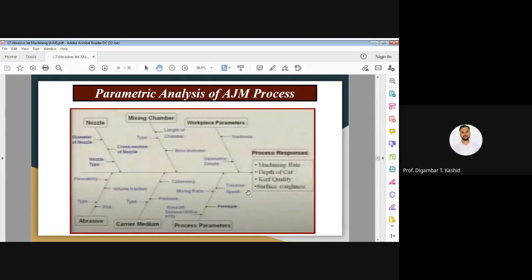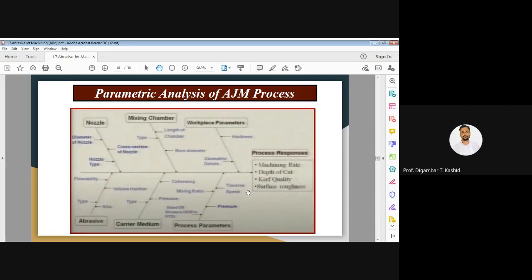You can also call it the penetration rate, in terms of mm per second. Then there is the depth of cavity or depth of cut, the kerf quality, and the surface roughness. Those are some of the responses or performance parameters.